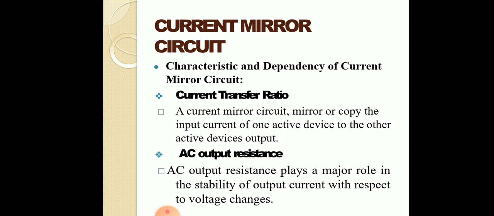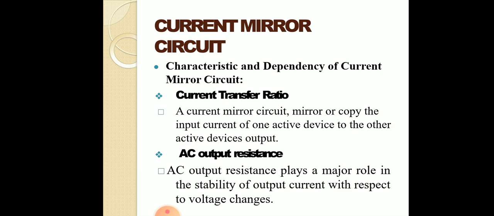An ideal current mirror circuit is an ideal current amplifier with the inverting configuration that can reverse the current direction. Therefore, for an ideal current amplifier, the current transfer ratio is an important parameter.